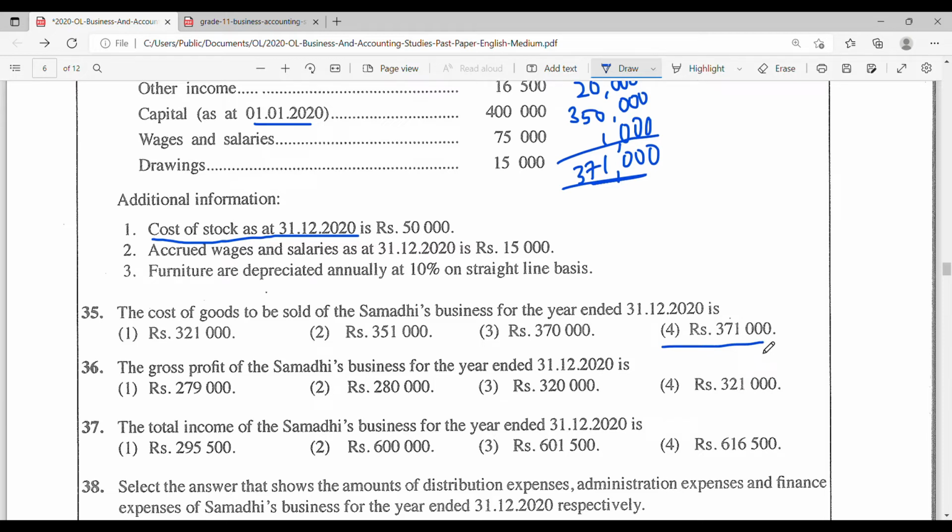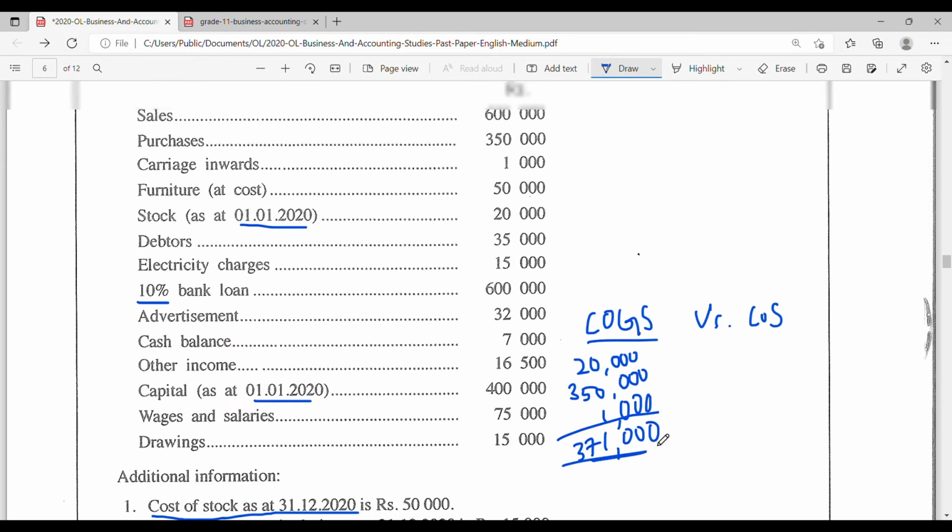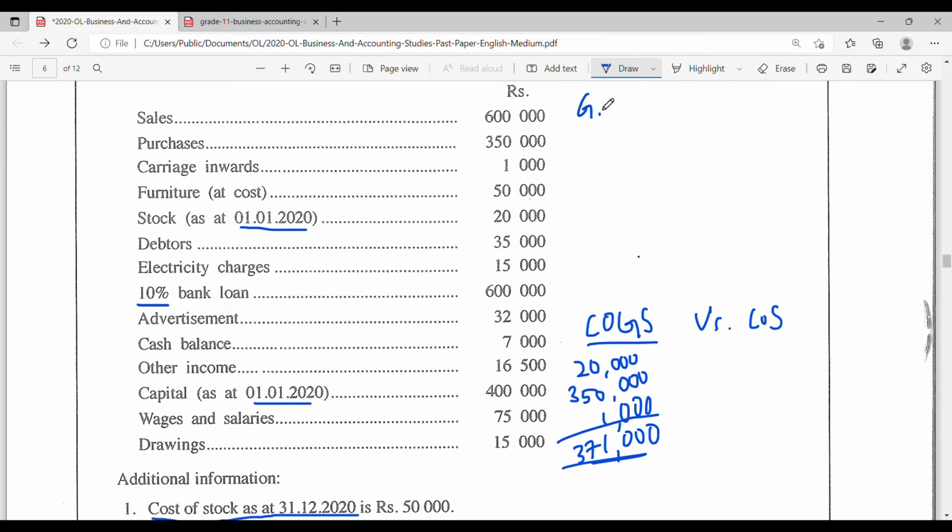Question 36. The gross profit of the Samadhi's business for the year ended 31st December 2020 is. Now to find gross profit, you need to simply deduct cost of sales from sales.